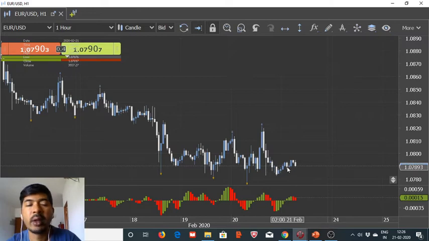So we can deduct like 5 to 10 pips from the current price, and only when the price will go back to our desired level, only then the trade will be executed.